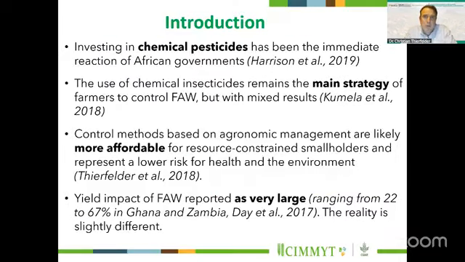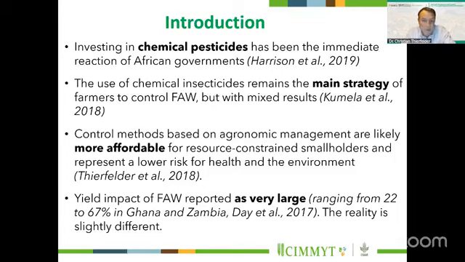So when the pest arrived in this area, the immediate reaction by governments was chemical control. They panicked. They all bought pesticides, often insecticides that did not even work for fall armyworm and were not actually released for that purpose. So some of the responses were not very encouraging.